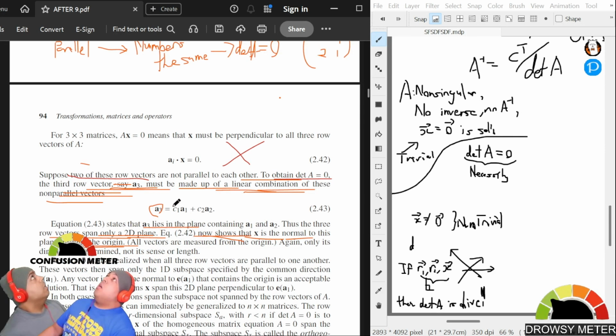So if A3 can be represented as a multiple of A1 and A2, that just means it lies in this plane, which means X has the third dimension all to himself to be perpendicular in. No one is touching him. He's perpendicular to everybody.